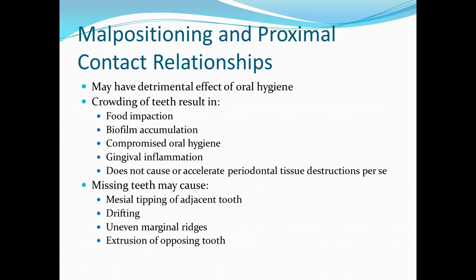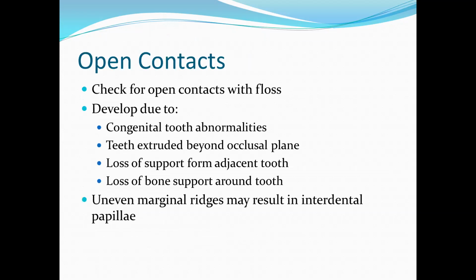Crowding teeth doesn't cause gingival harm by itself, but it can set up a scenario to create gingival harm. Missing teeth, are they getting them replaced? If they're not, are things shifting, right? What are their marginal ridges? Is one tooth up higher than another tooth that's down lower? Those are those marginal ridges. Those are more prone to having food traps. Open contacts, again, we're looking for them with dental floss.